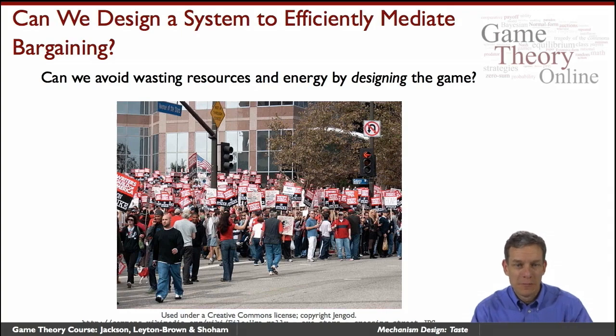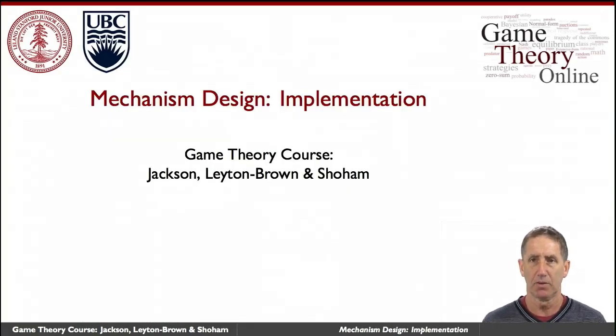So let's get started. In this segment, we introduced a very central area of game theory called mechanism design. It's often also called implementation theory, and sometimes also called inverse game theory.